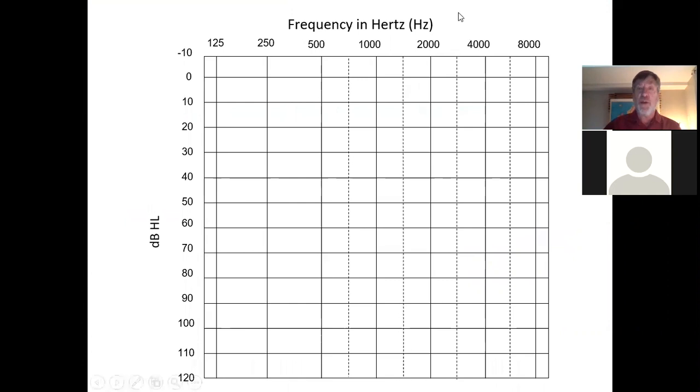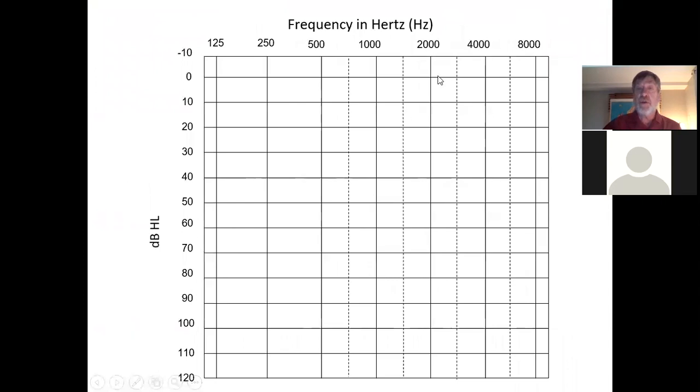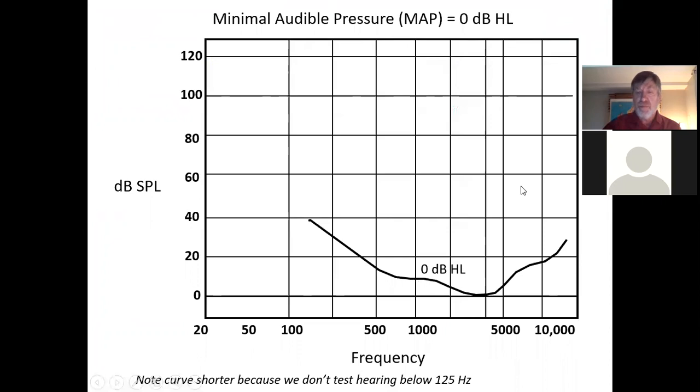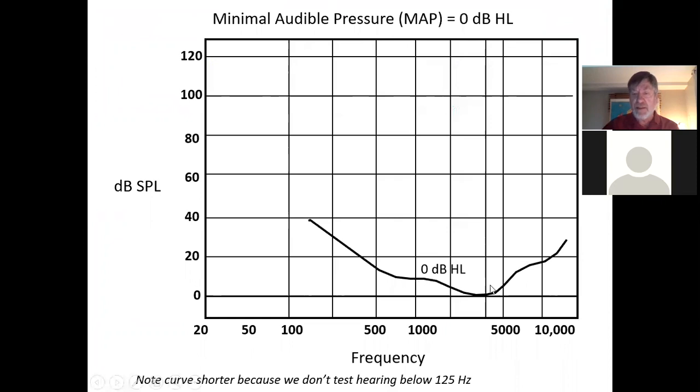Okay, so at 1,000 hertz, we call that 0, but in reality, whoops, it's about 10. Okay? At 2,000 hertz, you're looking at 0. In reality, it's about 5. 4,000 hertz, we're calling that 0. In reality, it's kind of, I don't know, about here.